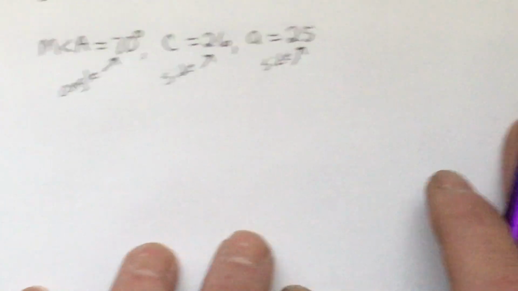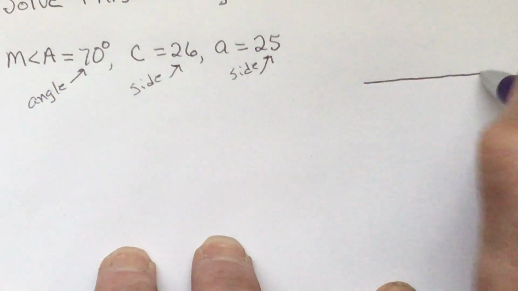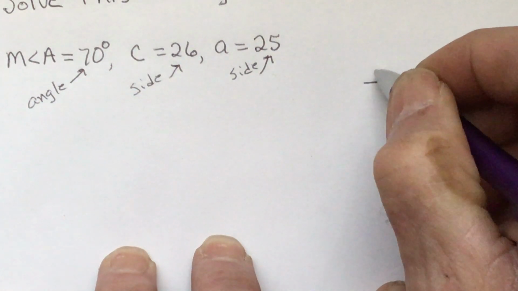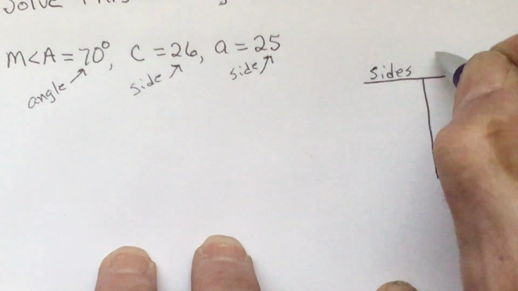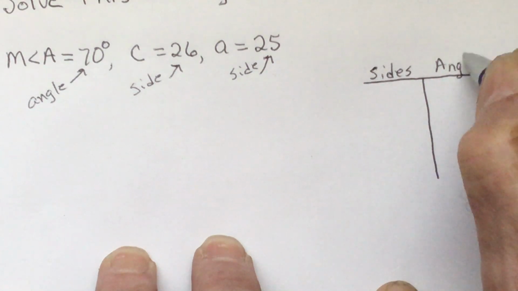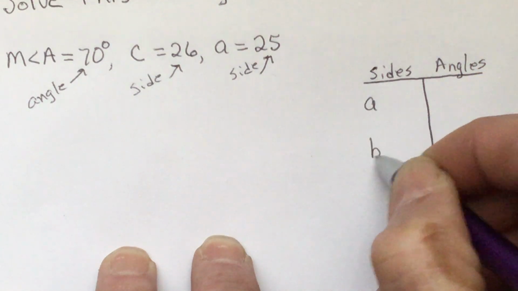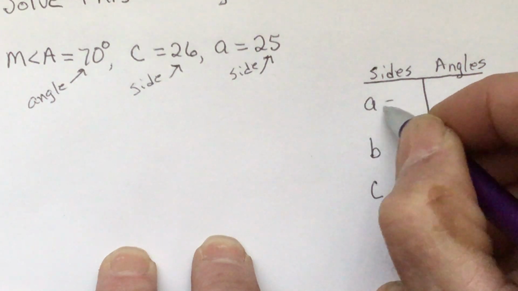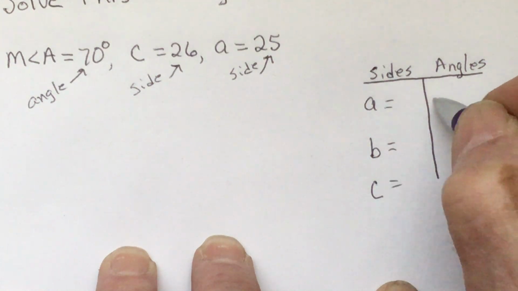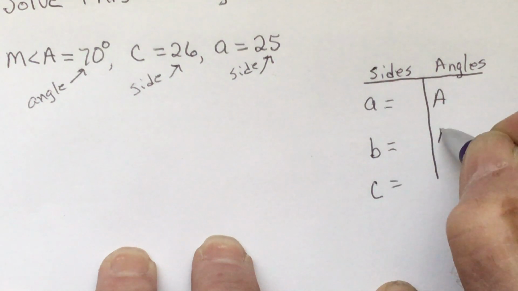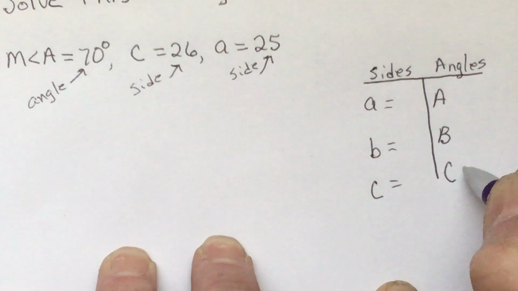So I'm going to make a little table over here. I'm going to do sides, angles. Okay, side A, B, C. Angle A, angle B, angle C.